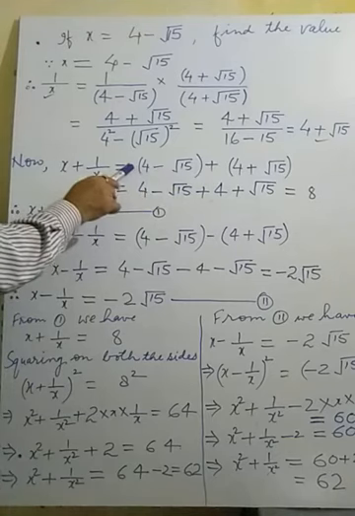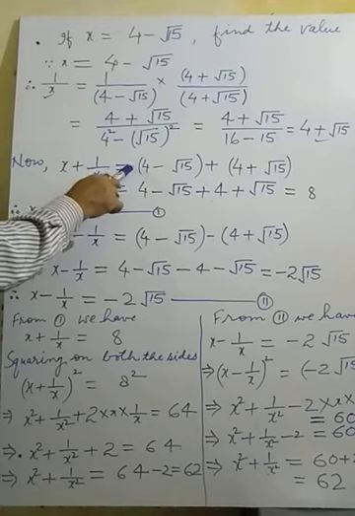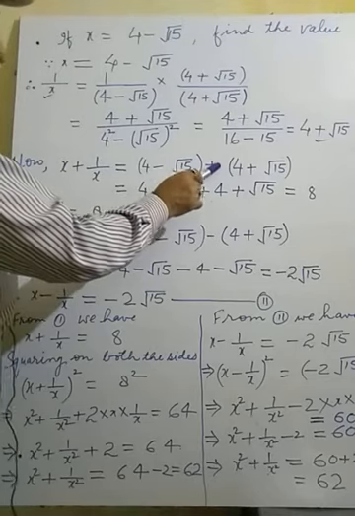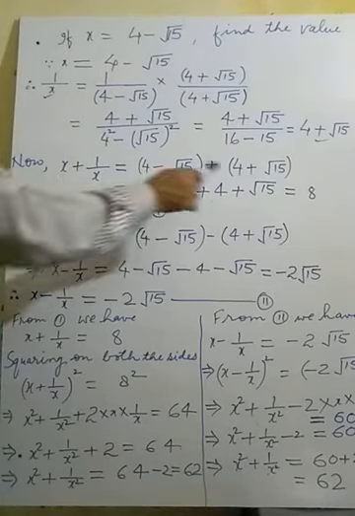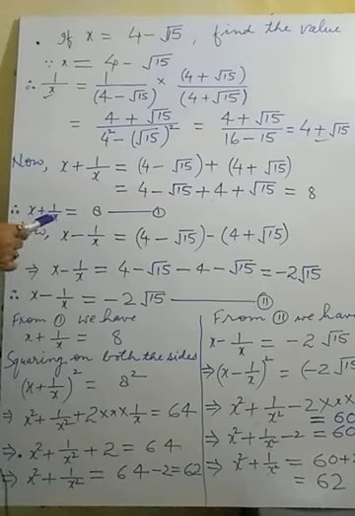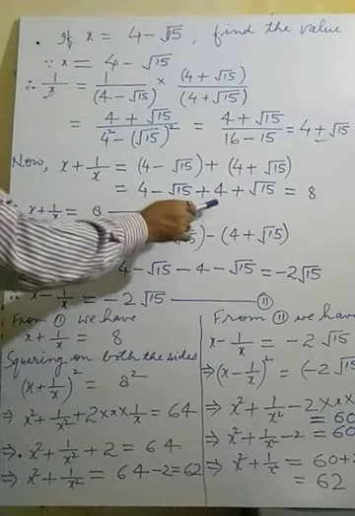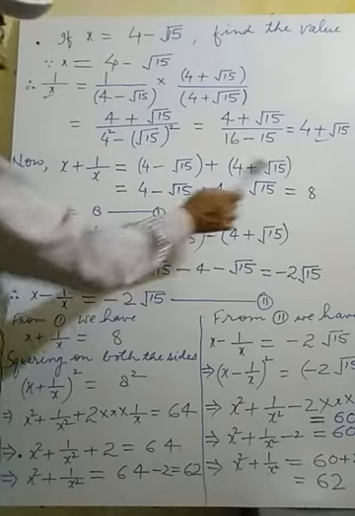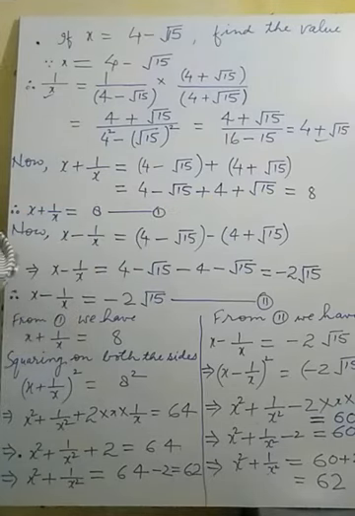Before this bracket, plus sign is there. If plus sign is there, so no change in sign will be there inside. It will be 4 minus under root 15. Before this bracket, again plus sign is there. So again no change inside the bracket will be there in sign. So it will be 4 plus under root 15. It's equal to what? What will be there? Now follow here.